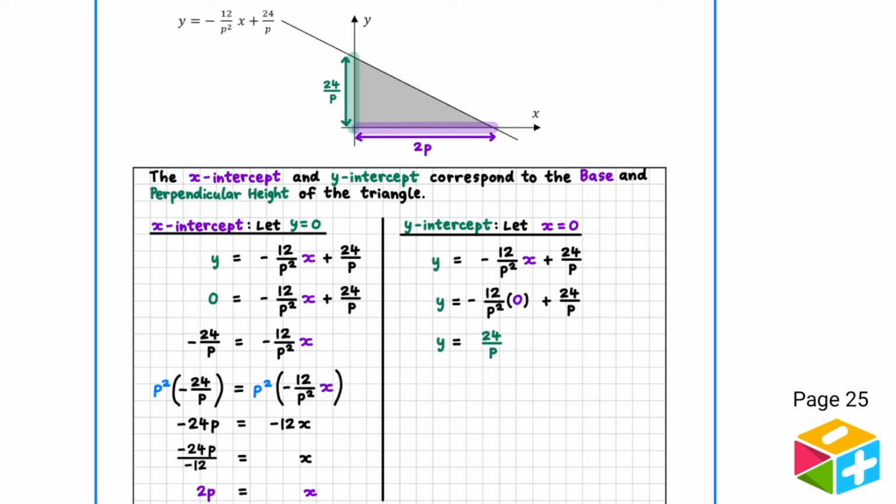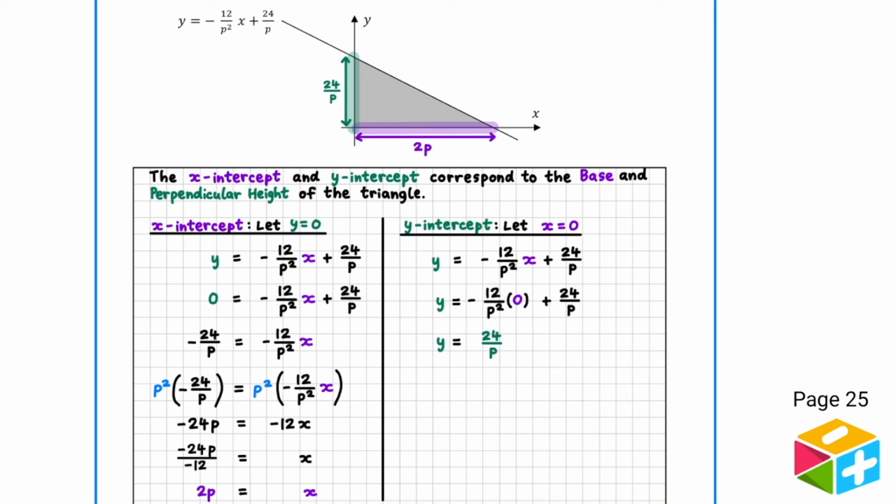We can get rid of this fraction by multiplying both sides by its denominator, p squared. On the left, p squared divided by p leaves us with p. On the right, the multiplication by p squared cancels off the division by p squared. This brings us to minus 24p is equal to minus 12x.